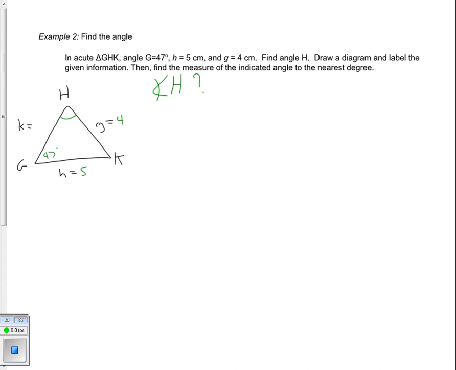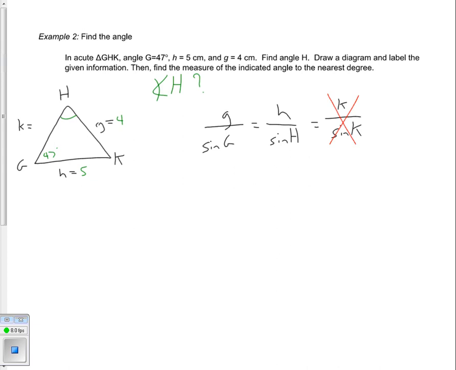So just by a quick way of example, the sine law for this particular one would be G over sine G is equal to H over sine H, which would be equal to K over sine K. Again, you don't have to actually write out K over sine K because there's no information, and so it's not particularly helpful to write it out. So you only need to have two pieces.